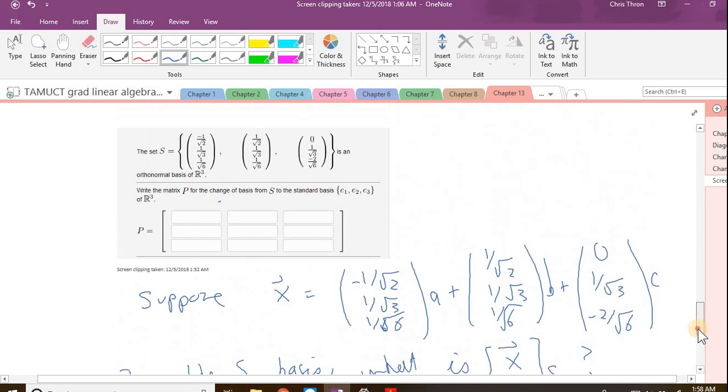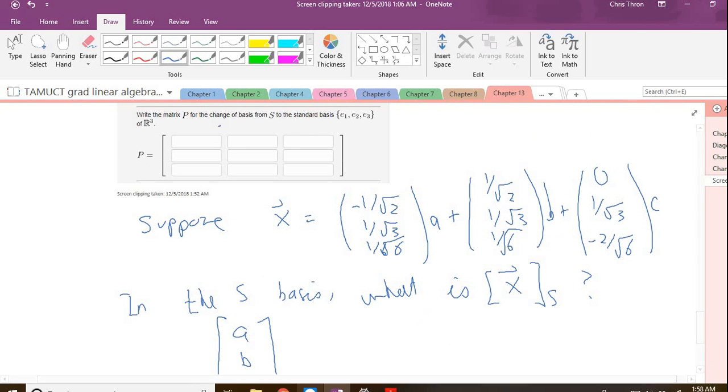How would you express this vector x in the standard basis? No, because what you've done is you've changed the vectors.